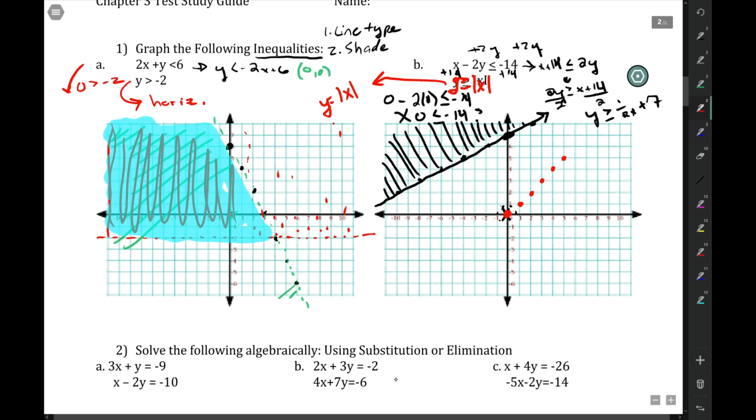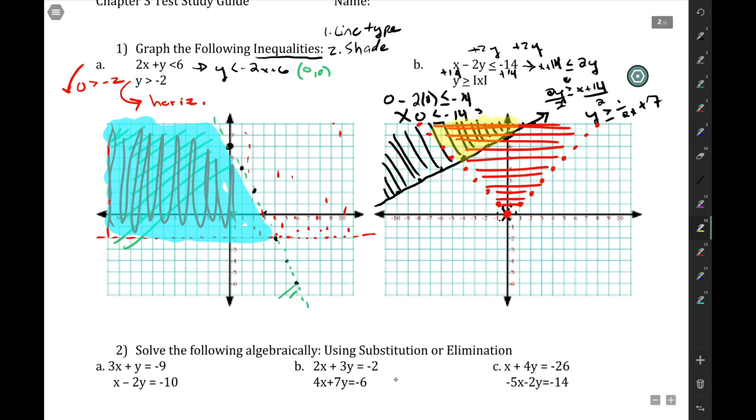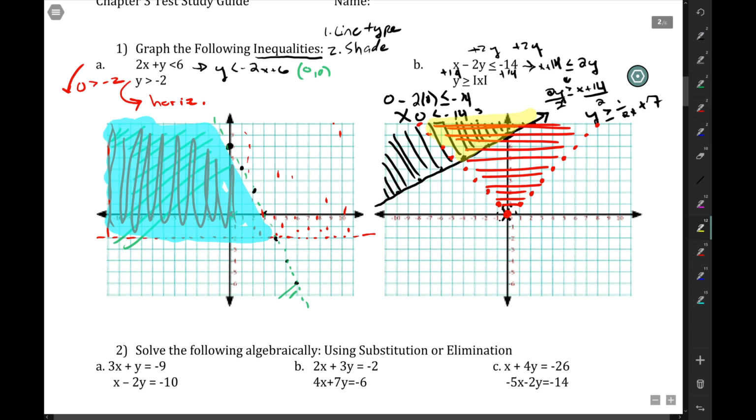Absolute value starting at the origin looks like a V shape, and I want everything greater than or equal to it. So use your graphing calculators, but that means I want everything inside. Lastly, highlighting the intersection, that would be right there. Graphing inequalities, you need shade and line type.